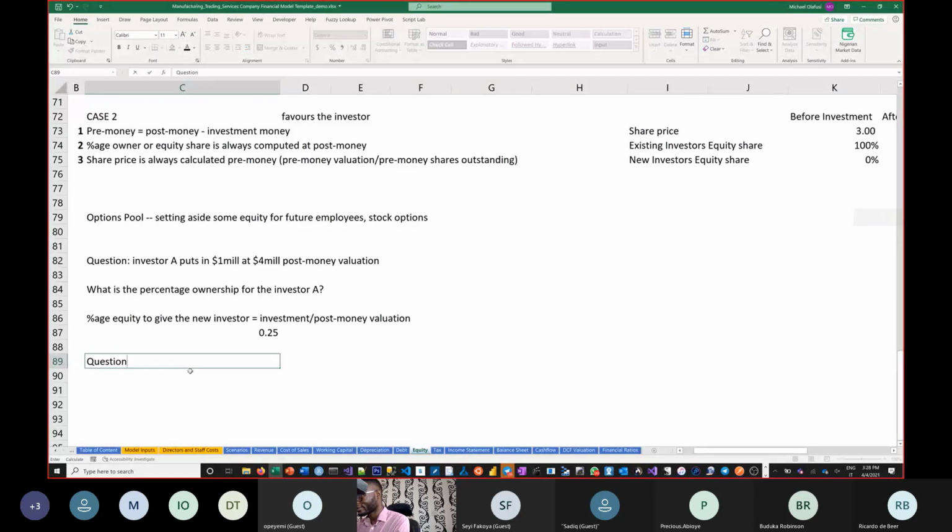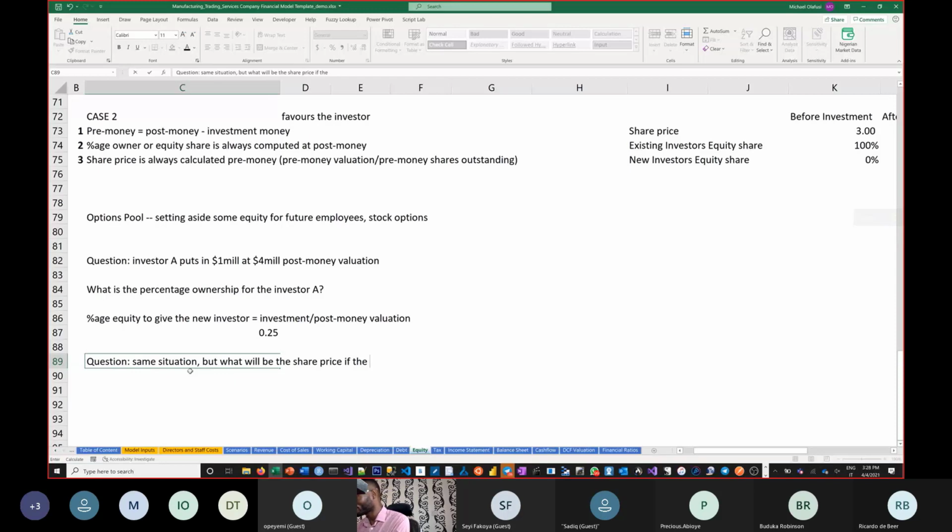question? Same situation, but what will be the share price if the pre-money, sometimes they might not tell you the pre-money, they might just say the existing shares outstanding, but let's just write it complete.